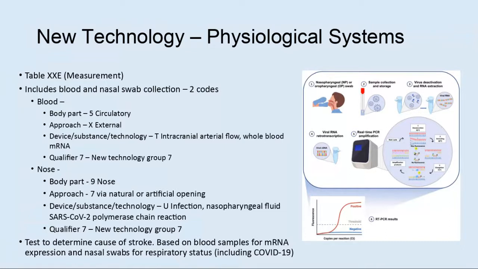So you have blood samples and respiratory samples. So you code for the blood, body parts, circulatory, external, mRNA, and then for the nose, body part nose, infection, nasopharyngeal fluid. So it's two different procedures reported in two different ways. Usually they're done together.